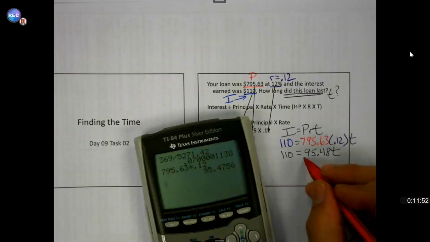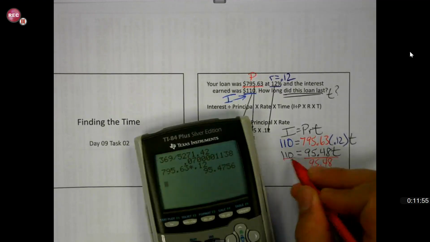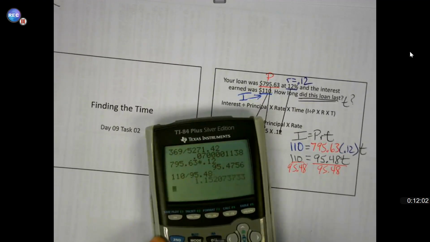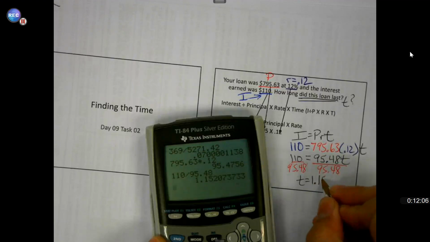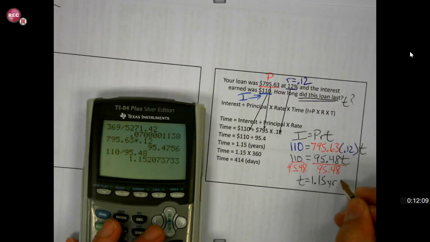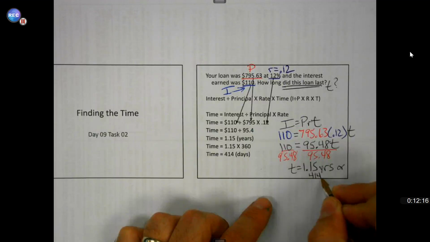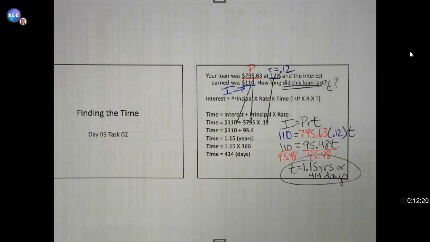We may round a little differently, but get those two values on the right, multiply those together, divide by whatever that gets you, and you should have your time.